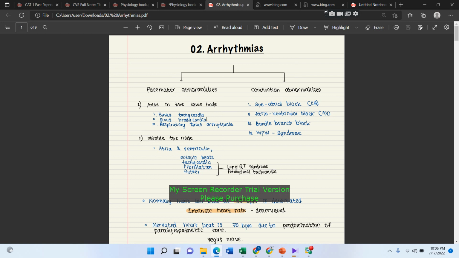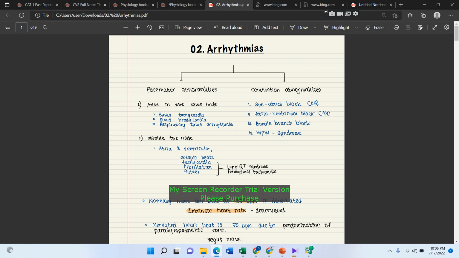The ones arising in the sinus node are sinus tachycardia, sinus bradycardia, and respiratory sinus arrhythmia. Outside the SA node, we find atrial and ventricular ectopic beats, tachycardia, fibrillation, and flutter.